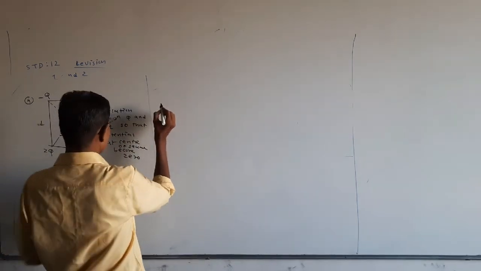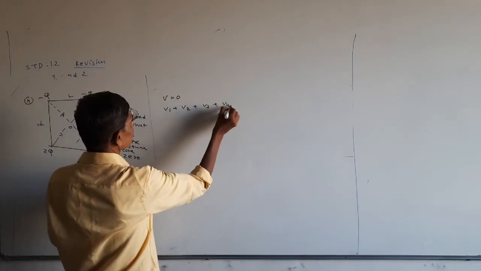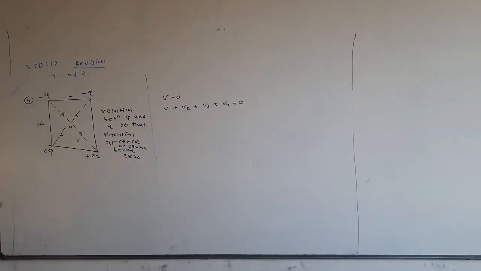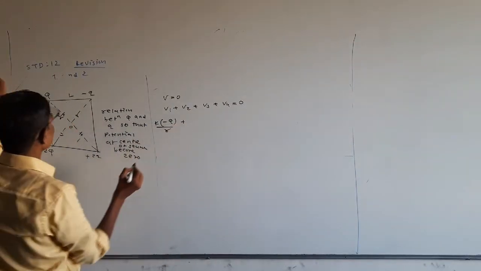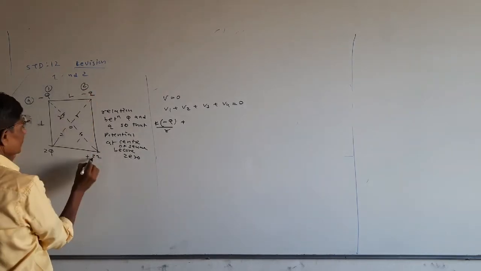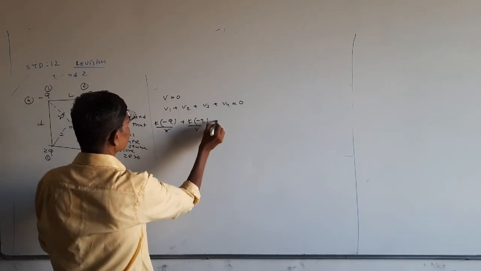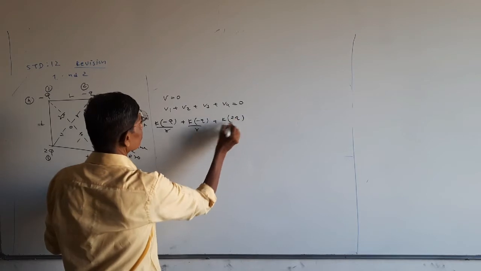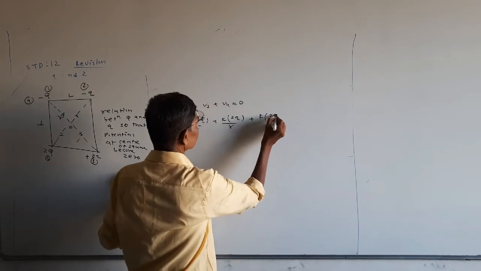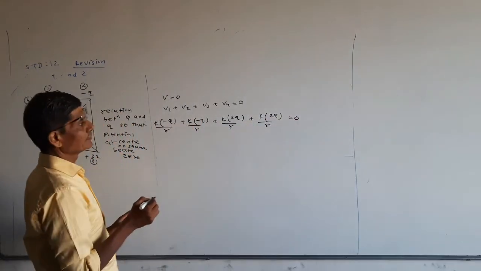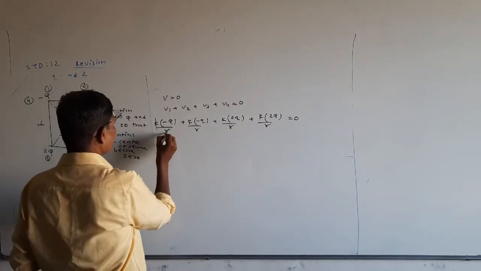So here potential V is 0, that is V1 plus V2 plus V3 plus V4. Let us say R is the distance, so it will be K times minus Q upon R. This is the first charge, then second, third and fourth: K into minus Q upon R, K into plus 2Q upon R. Now all this K and R we can cancel.